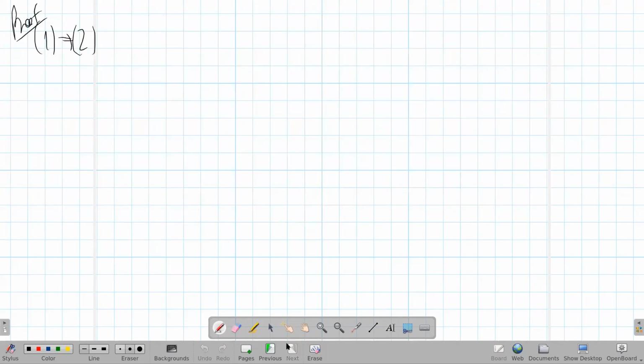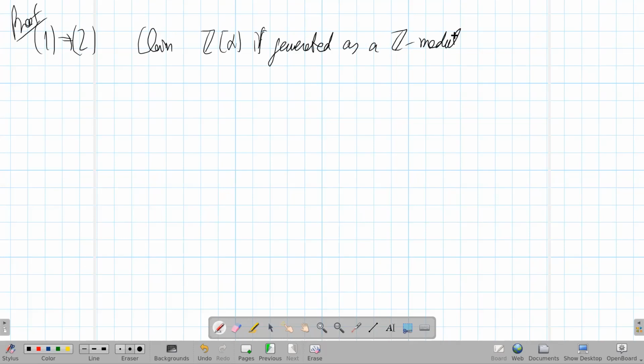But this is relatively easy. A claim: Z[alpha] is generated as a Z module by the powers 1, alpha, ..., alpha^(n-1) of alpha.